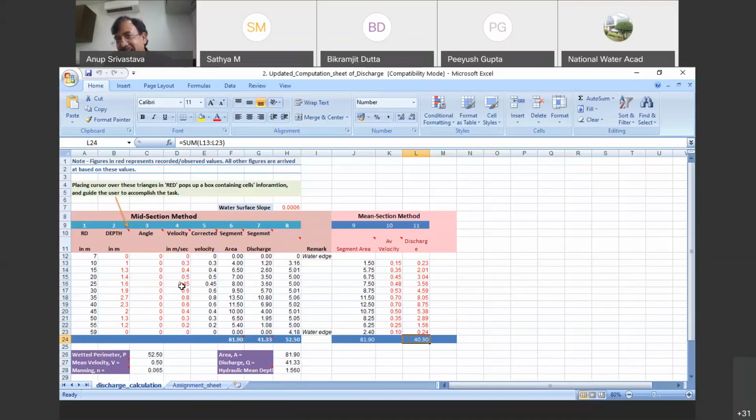Next day, same instrument, same manpower, they again go for the discharge measurement, and likely or unlikely the water level is the same. There is no change in the water level. What is your expectation of the discharge value the next day? Whether it will remain 100 meter cube per second or it will vary.